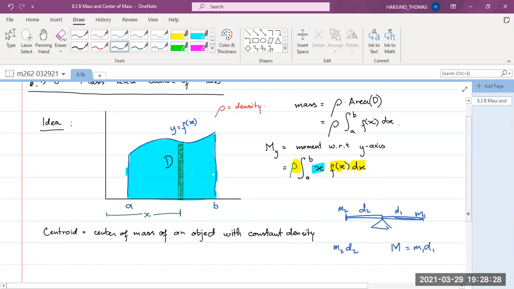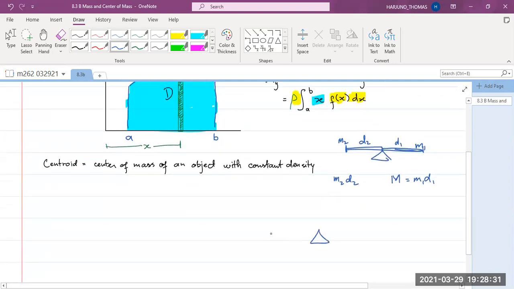Like Thomas played with his dad when I was really young, when I was a toddler, right? Now I basically sit at the end of the seesaw and my dad needs to sit very close to the fulcrum. Why? Because my weight at that time was just 10 kilograms and my dad's weight at that time was, let's say, 60 kilograms. So you will see the distance from the fulcrum to Thomas will be 6 times the distance from the fulcrum to my dad, so that we can play evenly, right?